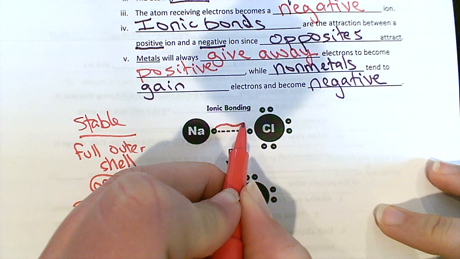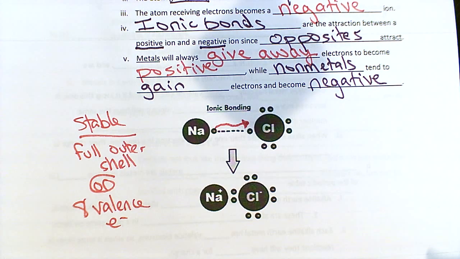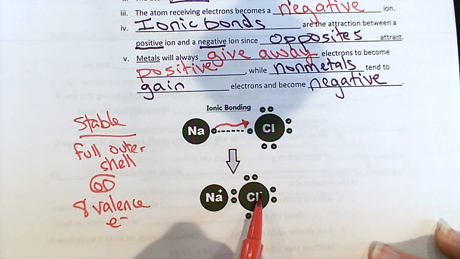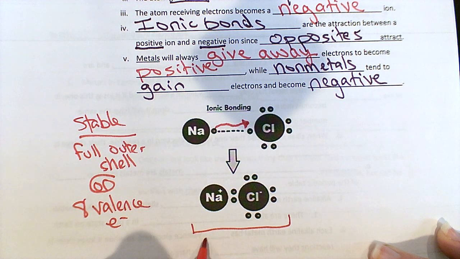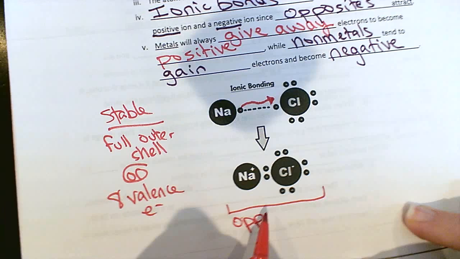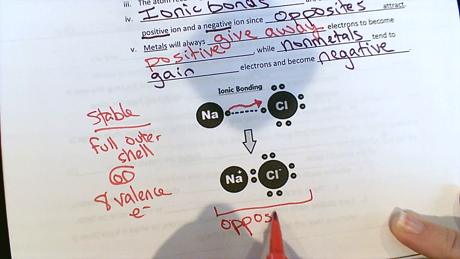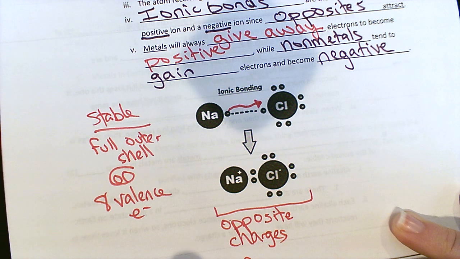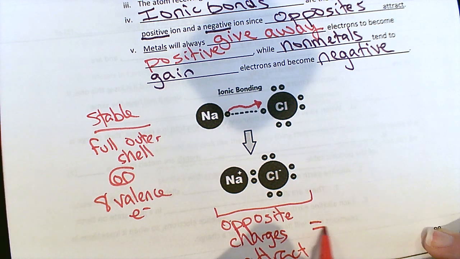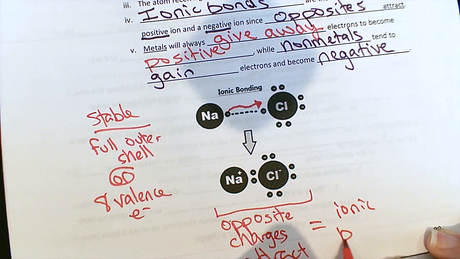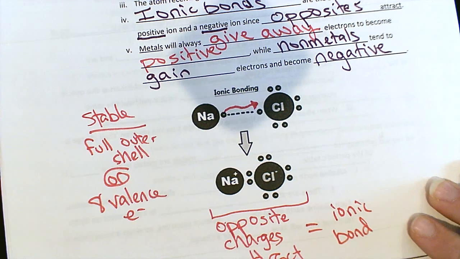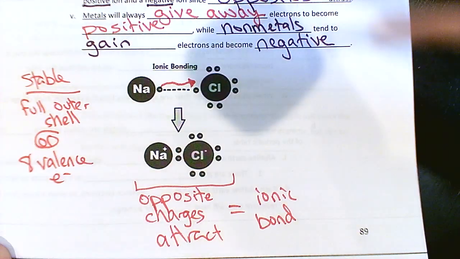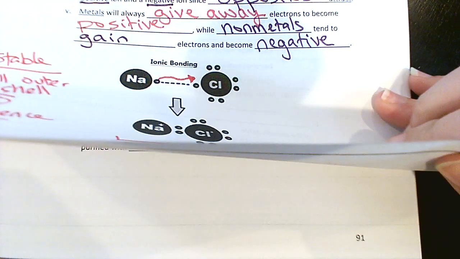So this electron is going to be transferred. We end up now with sodium, you see it's plus, chlorine's negative, so we have these opposite charges attract, which is an ionic bond. So there is the first kind of bond that metals can form.